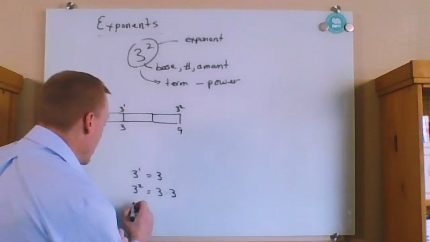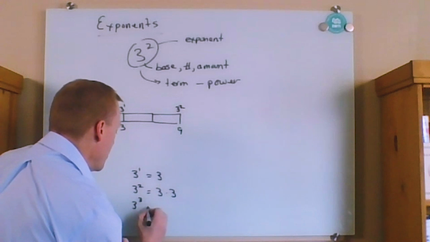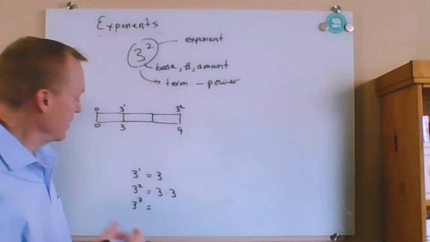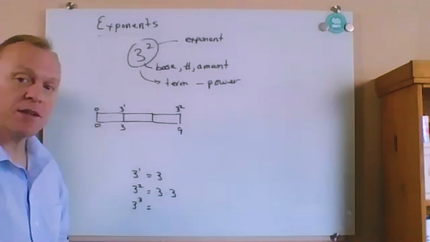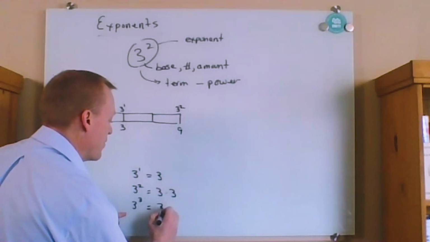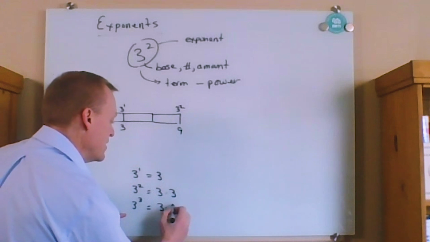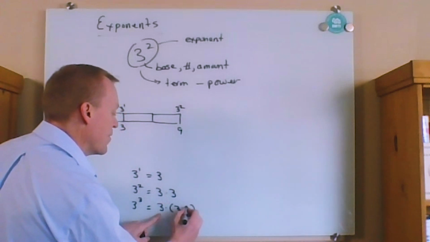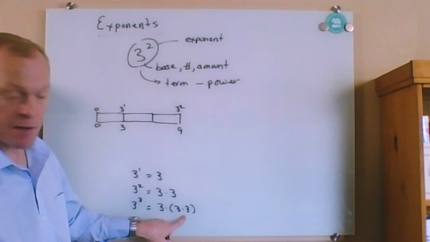Okay, now, continuing that process, what would 3 to the third be? So again, if you're working with students, take a pause here and extend it out. What would that look like? In this case, again, we're going to have 3 iterations, but this time it's of the previous unit. I'm going to take 3 iterations of 3 times 3, or 3 to the second power.